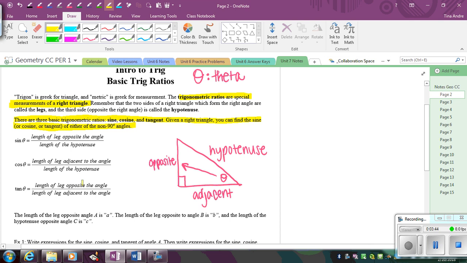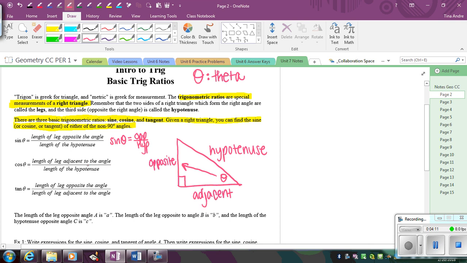It's just a shortcut. It's just a word. Instead of stating this whole ratio every time, we can just say sine theta. So you would look at theta and talk about the opposite to the hypotenuse. So the shortcut here, instead of writing all this out, is you can just say sine theta is equal to the opposite over the hypotenuse.